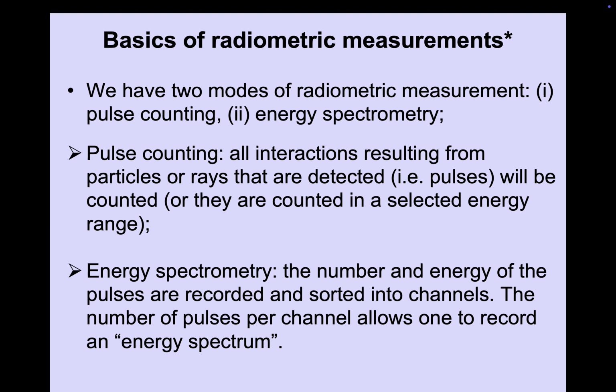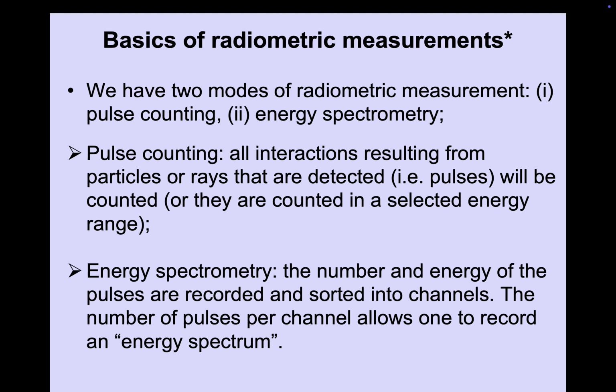Conversely, in energy spectrometry, the energy of the pulses is also something we're interested in recording. When we do energy spectrometry, we collect the number of pulses and sort them into a number of channels. Those channels represent different energies at which the gamma radiation has come in and interacted with the detector.